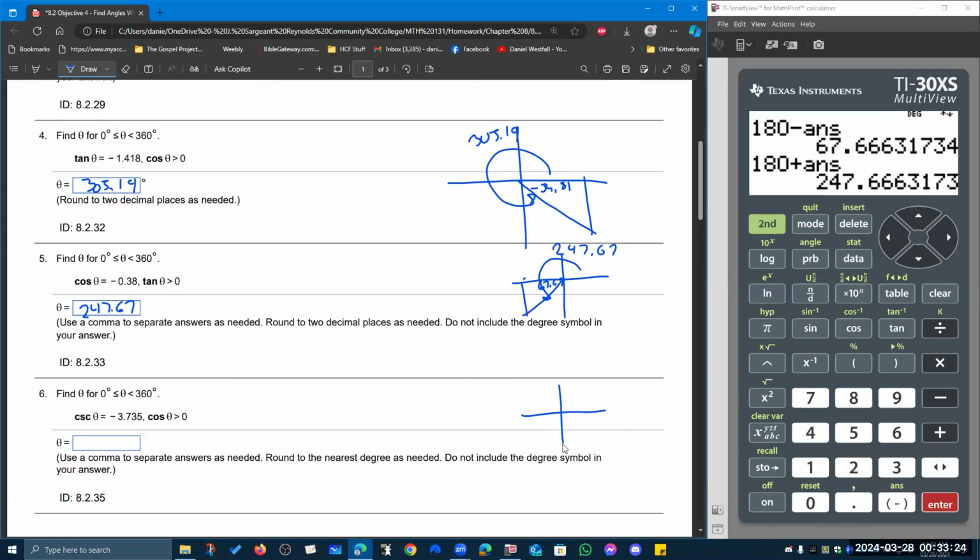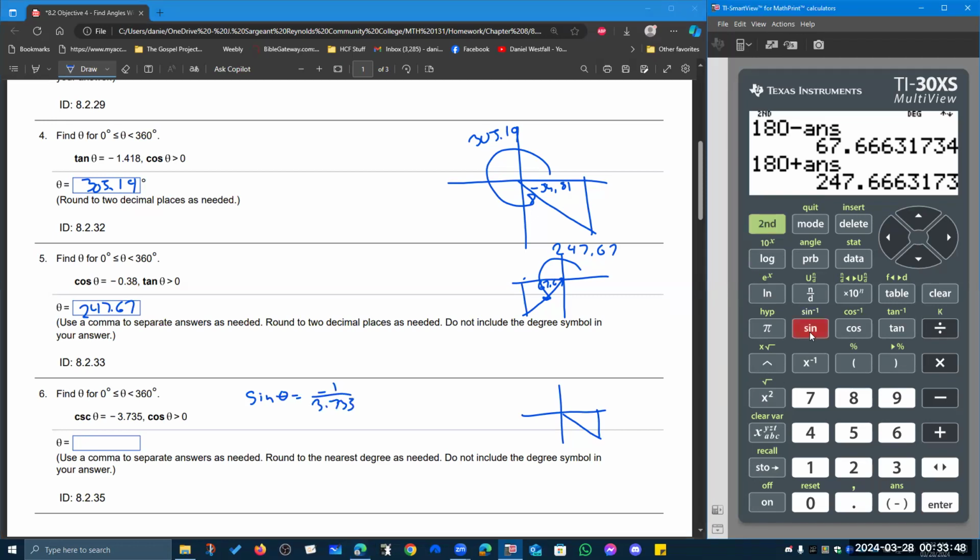We have a negative cosecant, so we're in quadrant 3 or 4, and cosine is positive, so we're definitely in quadrant 4 down here. So sine of theta is negative 1 over 3.735.